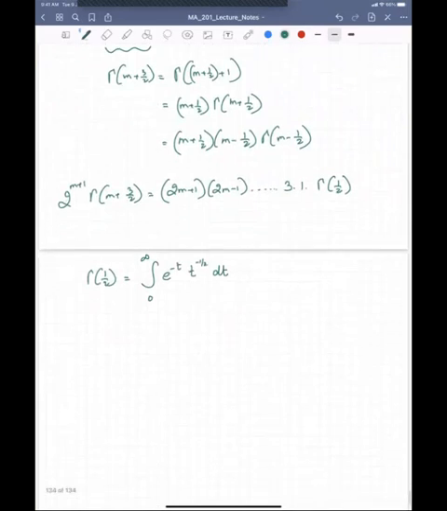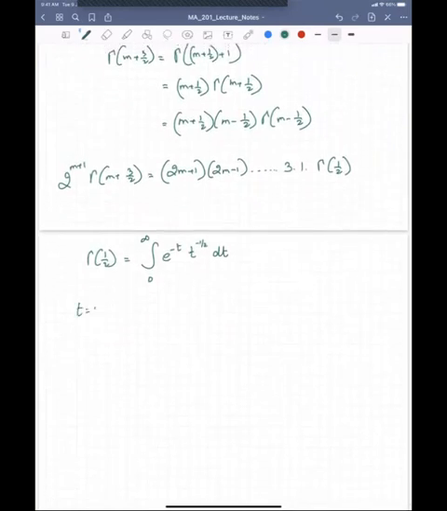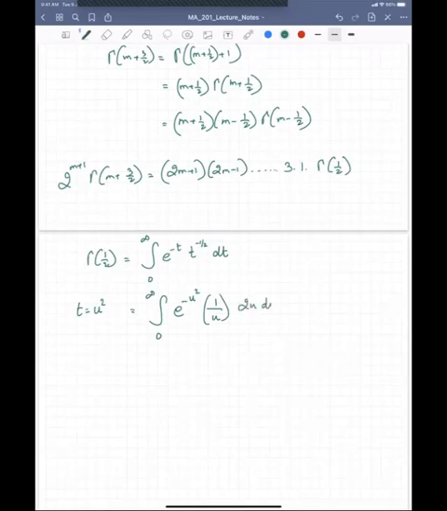Now if you put t as u square, you can evaluate this to be 0 to infinity e to the minus u square. t to the minus 1/2 is basically 1 over u, and dt is 2u du. So you can write this as 0 to infinity e to the minus u square du. You can convert this simply into a Gaussian integral.